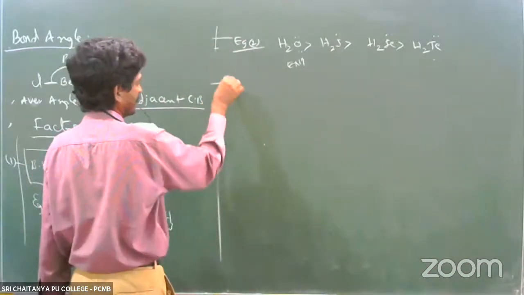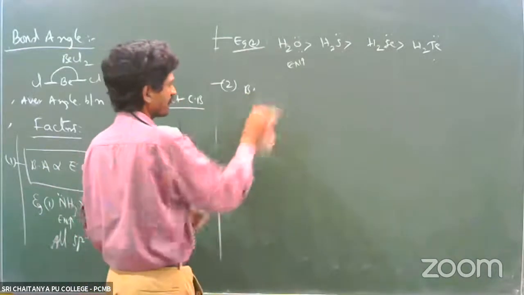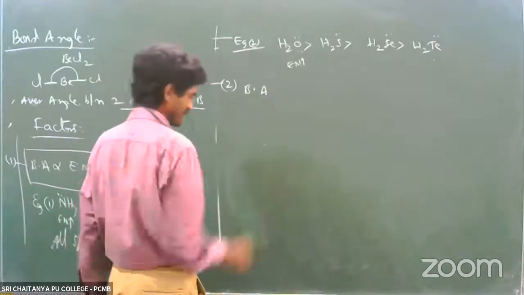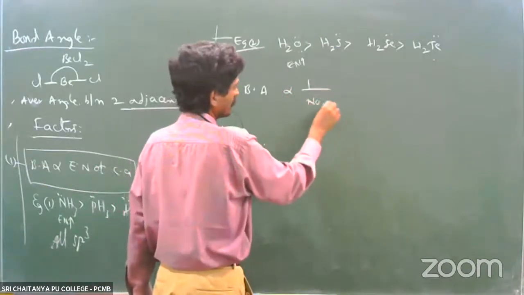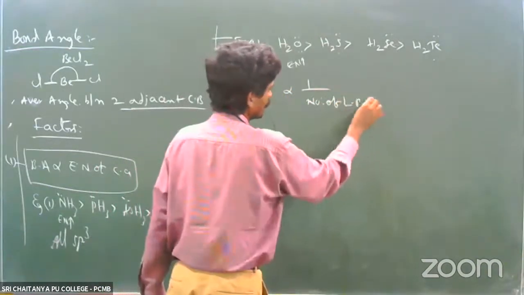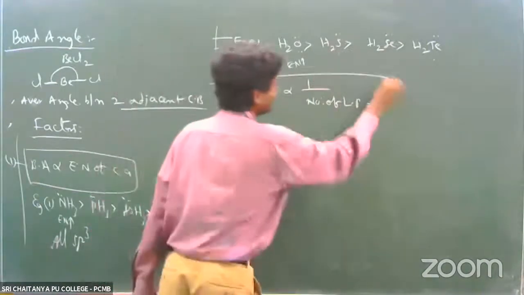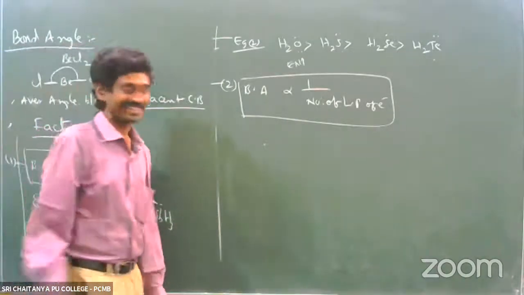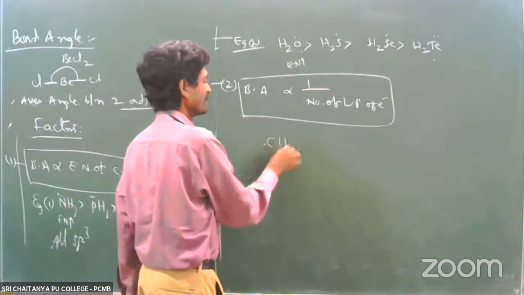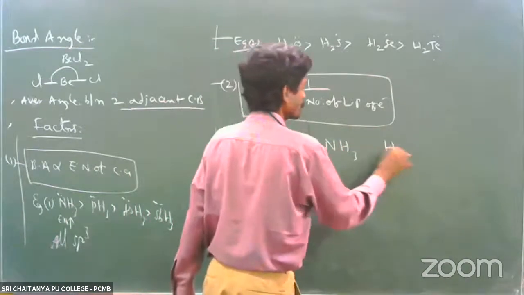Next, second factor: bond angle is inversely proportional to the number of lone pairs of electrons. How? I'll give an example. Take methane, then ammonia, and then H2O.